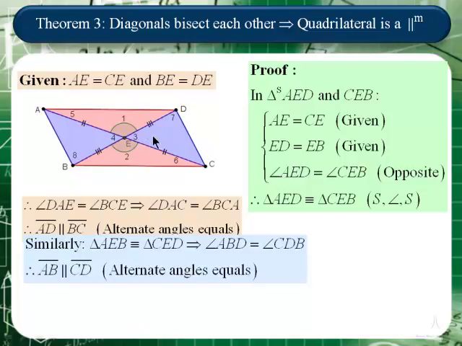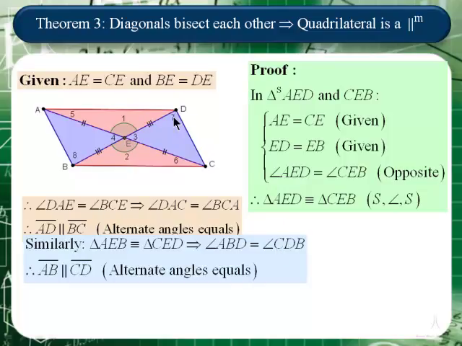So therefore the two blue triangles are congruent, and therefore we can conclude that angle 7 and 8 must be equal. Note that angle 8 we can write as angle ABD, and angle 7 as angle CBD.